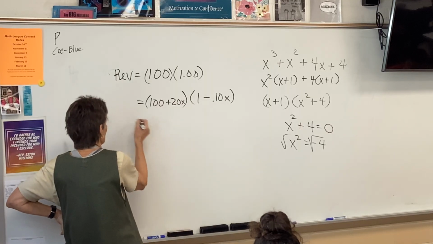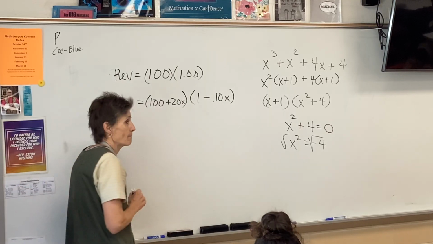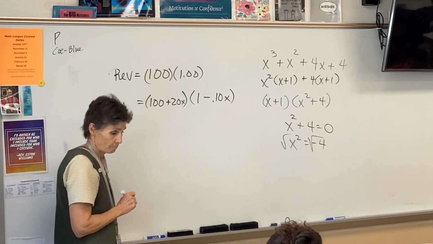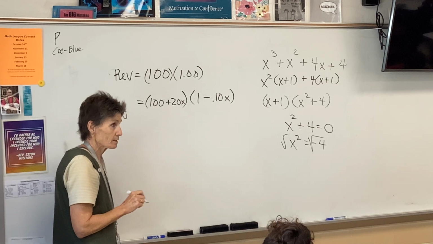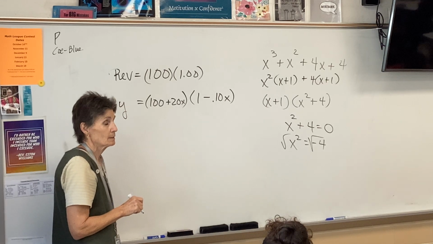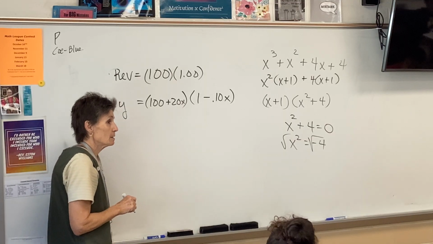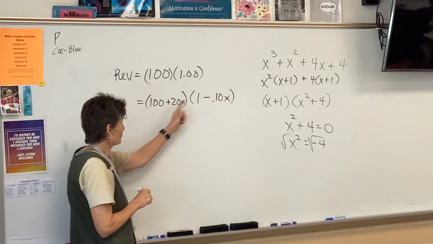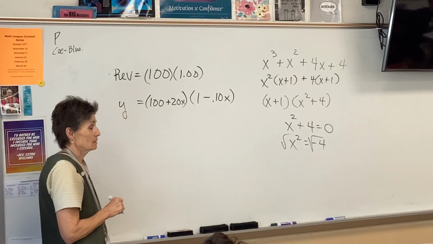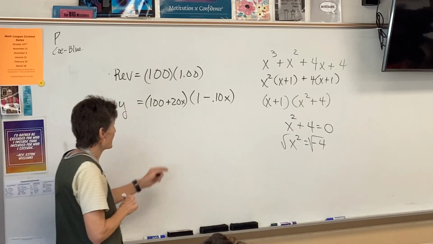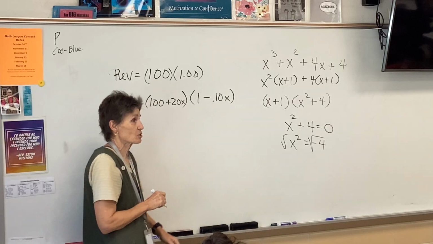All right, what am I gonna do now? Problem talks about maximum. Well, if I multiply that out, won't I have a negative x squared?